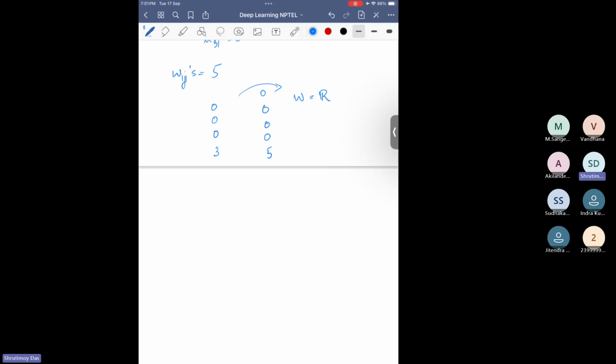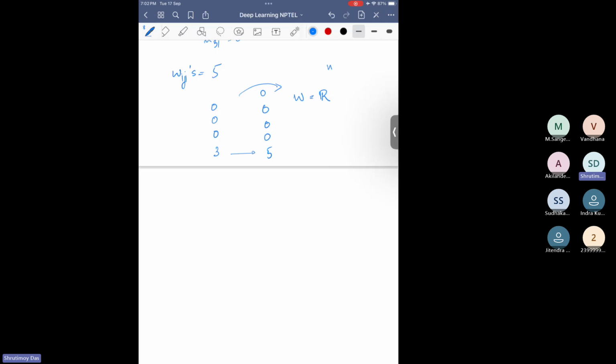What should be the size or dimensions of the W matrix, so that I can go from 3 dimensions to 5 dimensions?